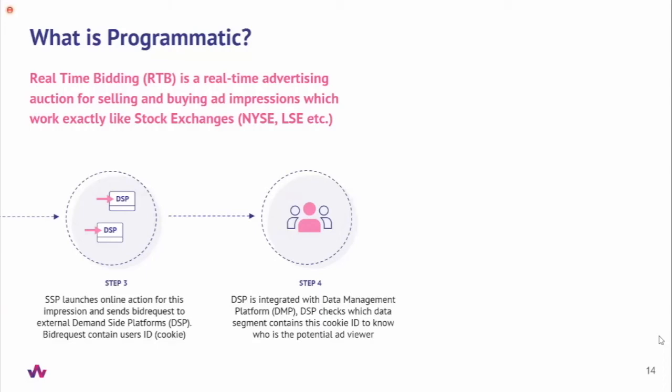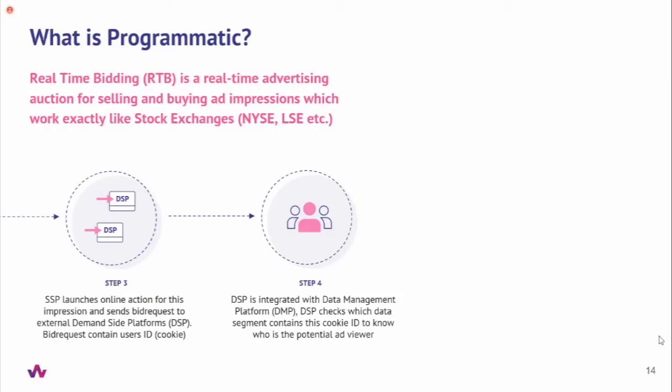So what do they need to make some bids? They need to check what they know about this user. So at the same time, they go to a DMP, data management platform, for example of mobile network operators. The DMP is big data, and they check what they know about this user.